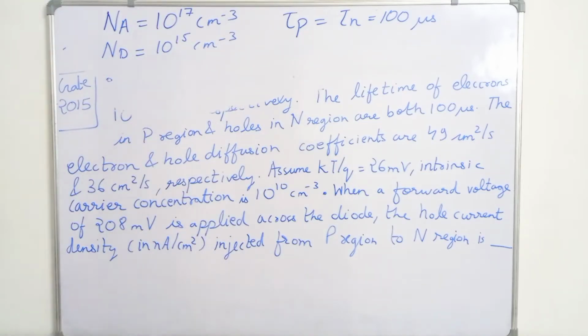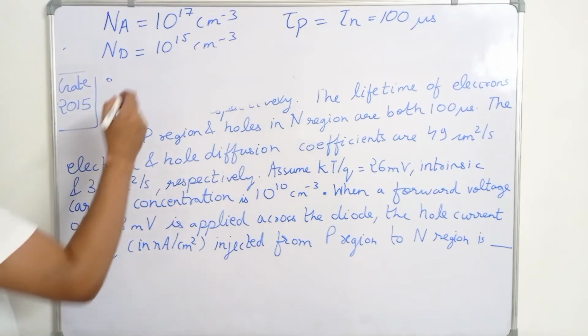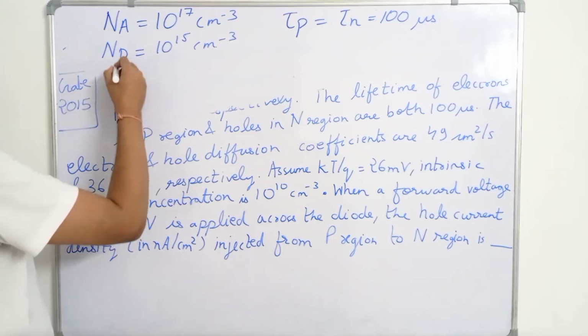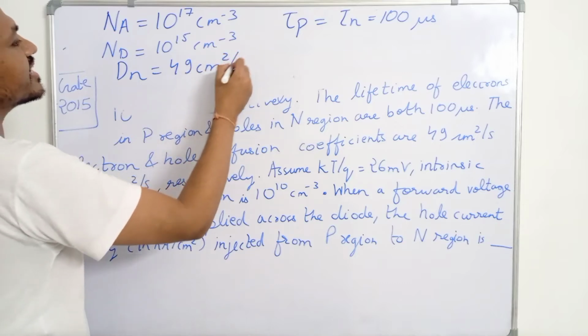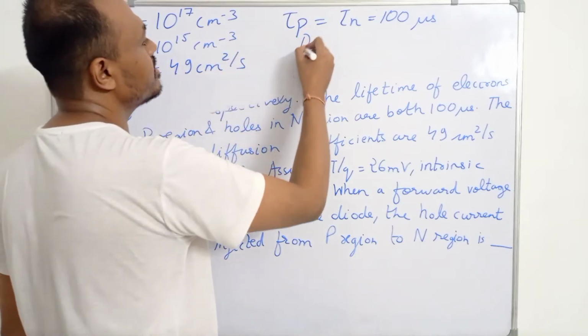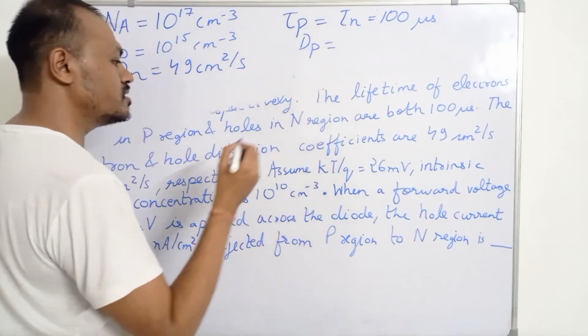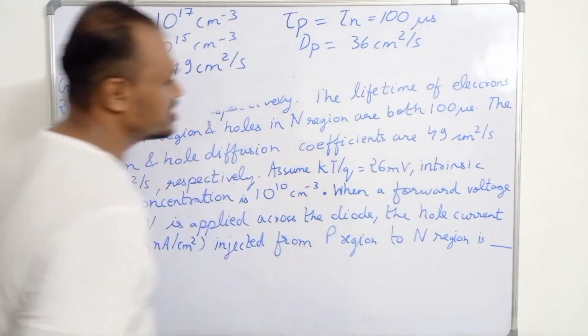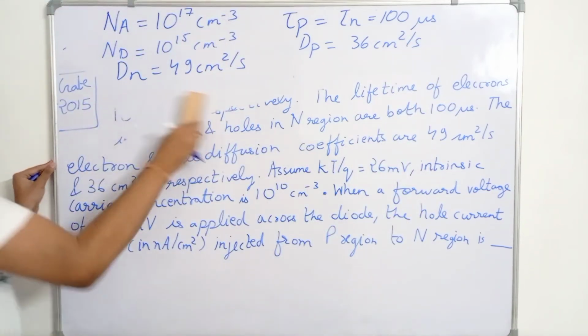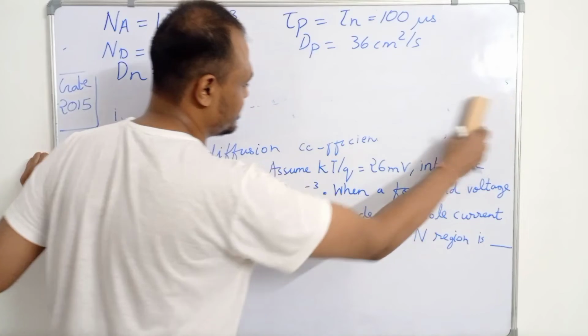Then electron and hole diffusion coefficients are also given to us as 49 centimeter square per second and 36 centimeter square per second respectively. So Dn is equal to 49 centimeter square per second and Dp is equal to 36 centimeter square per second. I am removing that also because we have already used that information.